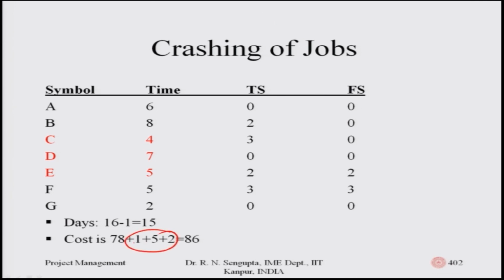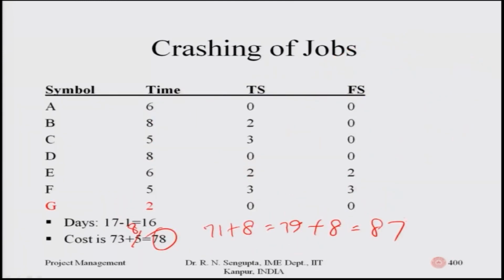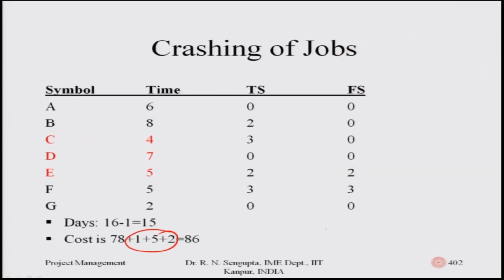It will be 1 rupee, 1 euro, $1 for C, similarly 5 units for D and 2 units for E. Whatever the cost was, let me go back to the last slide. It was 87 here, last to last slide, 87 here. So now it will be 87 plus 1 plus 5 plus 2, which will be 95.